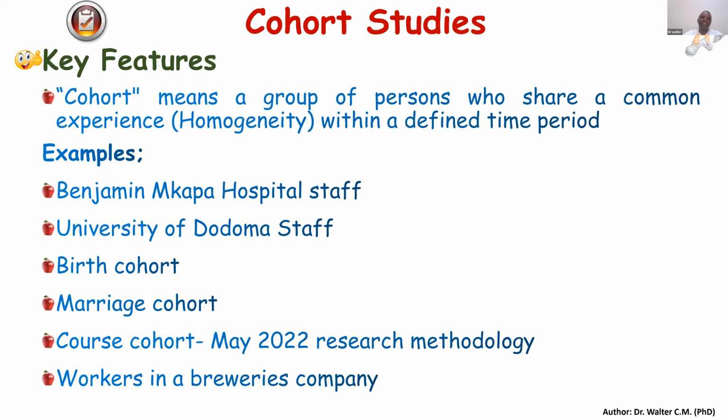So for instance, you can say Benjamin Mkapa Hospital staff. If you go out there and meet any staff from Benjamin Mkapa, the behavior demonstrated by the first staff that you find at the gate, and then another inside there, will be similar because they are guided with one standard, which has been prescribed by the hospital.